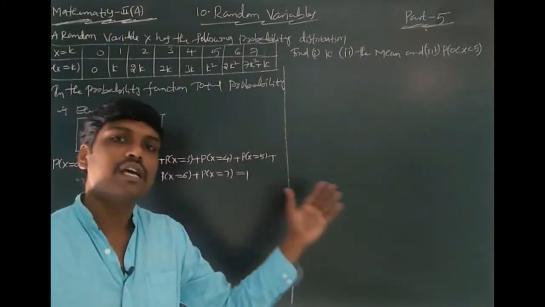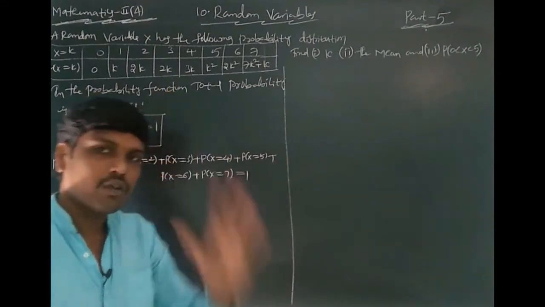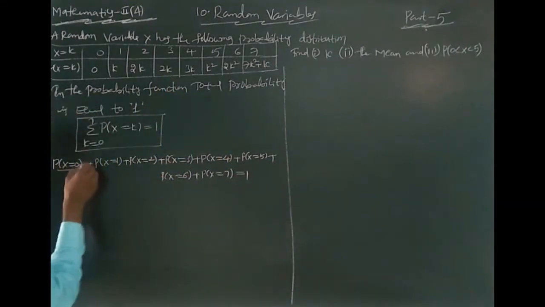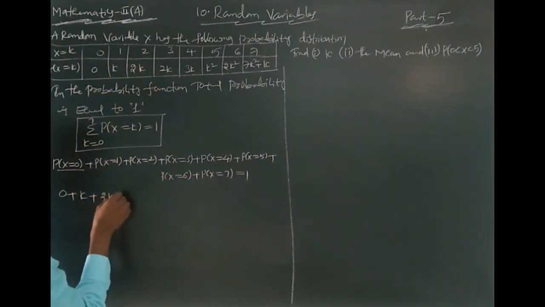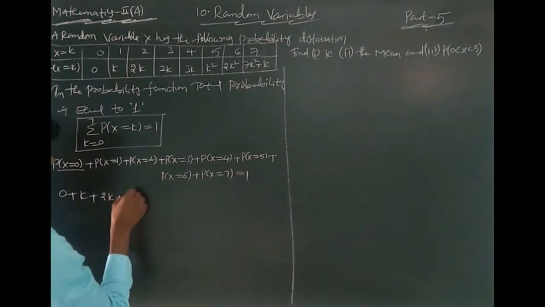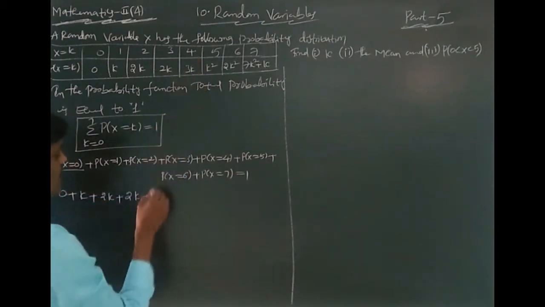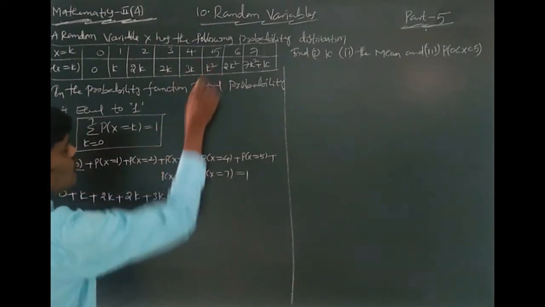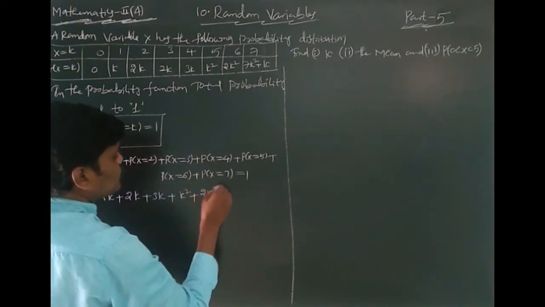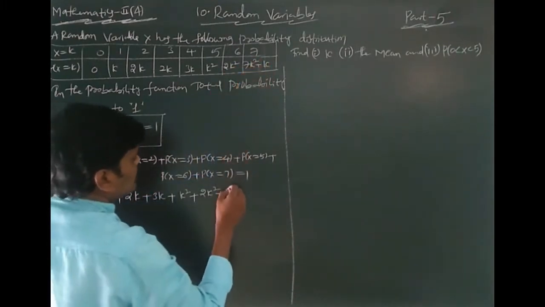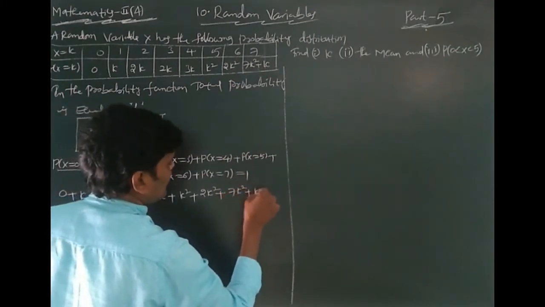The sum of all the probabilities is equal to 1. P of x equals 0 is 0, plus 1 value k, 2 value 2k, 3 value 2k, 4 value 3k, 5 value k square, 6 value 2k square, 7 value 7k square plus k, is equal to 1.